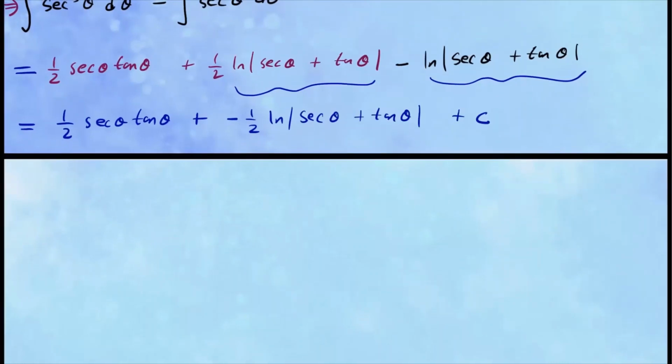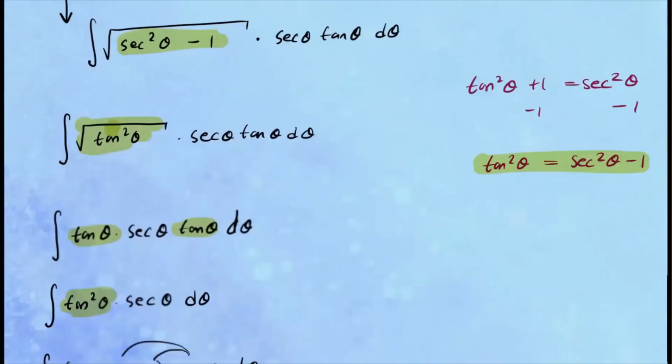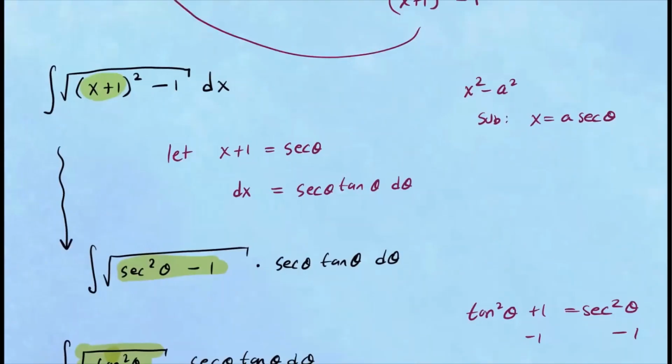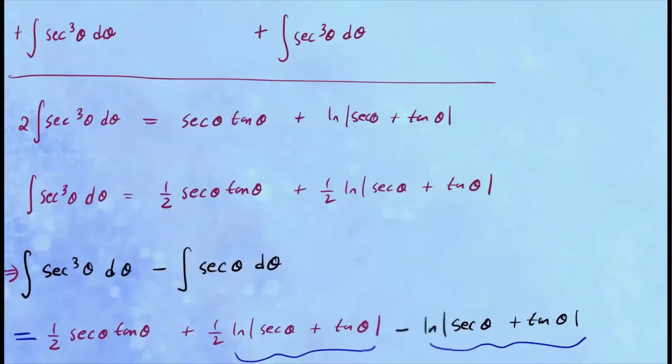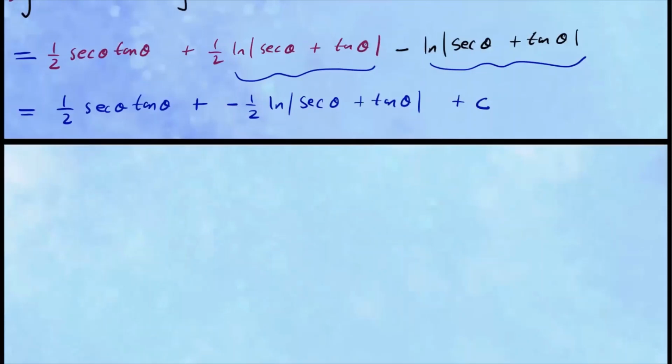All right, so let's go back to our given variable x. So we know we made the following substitution: x plus 1 was secant theta. So from this, we're going to be creating our right triangle. So here's our right triangle. And let's suppose this is theta. So we know secant is 1 over cosine theta.